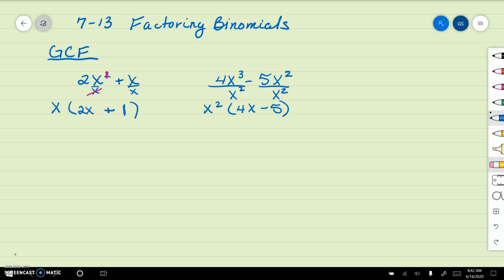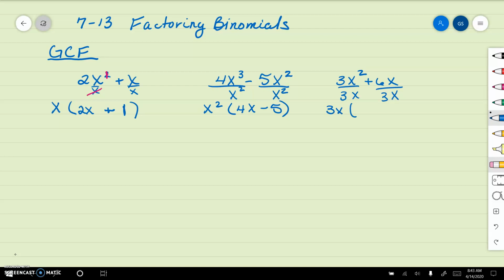Okay? Last one, 3x squared plus 6x. Well, I definitely have an x in common, just x to the first, or x, and I can take out a 3 from each of these terms also. 3 goes into 3 evenly, and 3 goes into 6 evenly. So our greatest common factor is 3x.